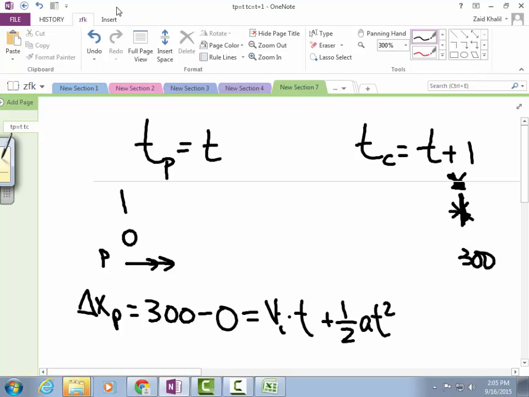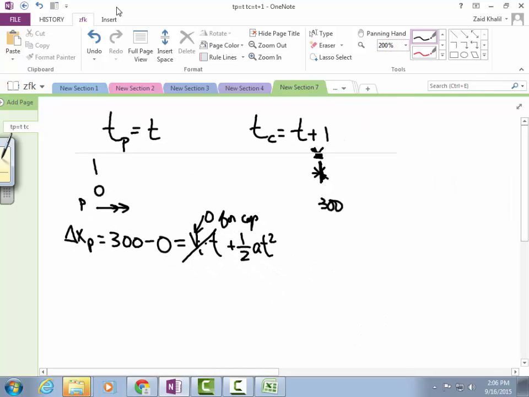But what's the initial velocity of the cop? 0. This is 0 for the cop. So therefore, this simplifies. We have 300 is equal to 1/2 at squared.